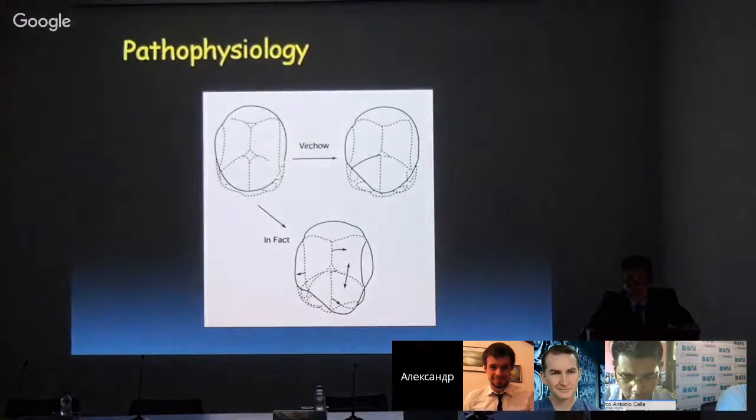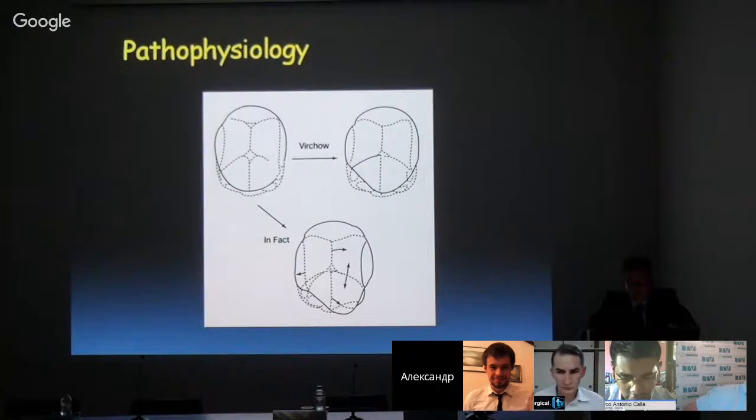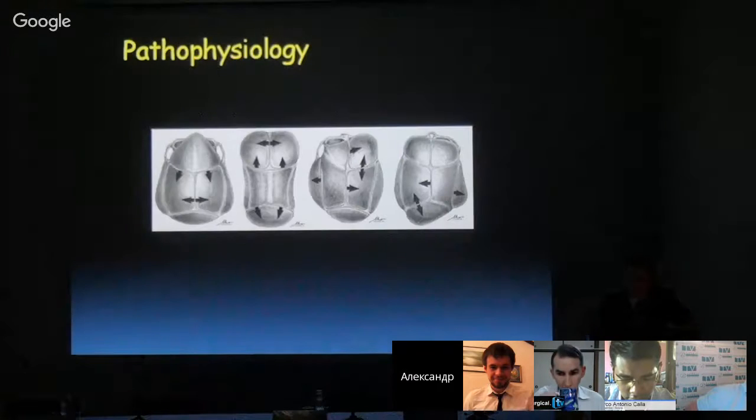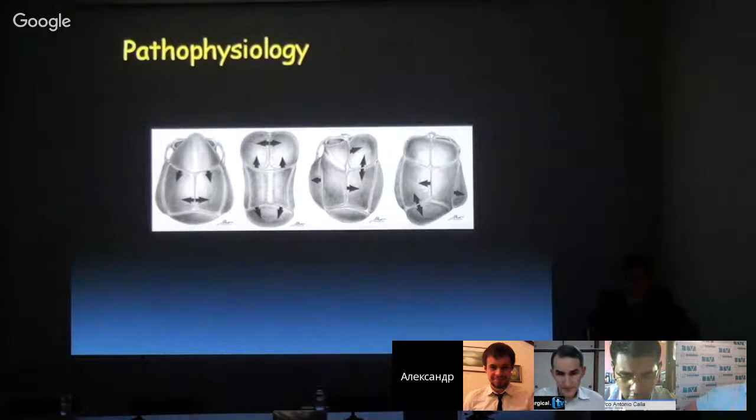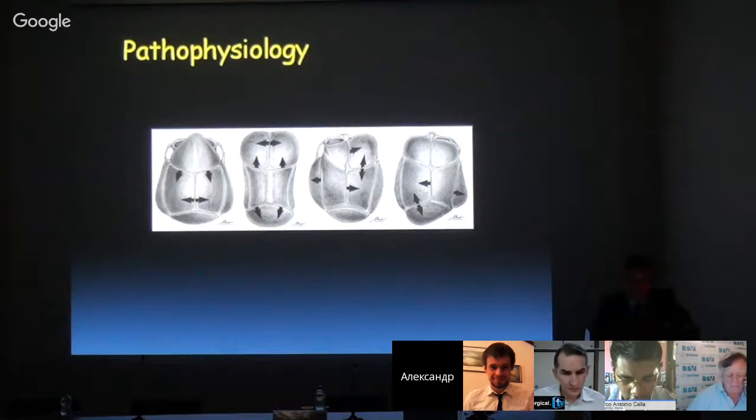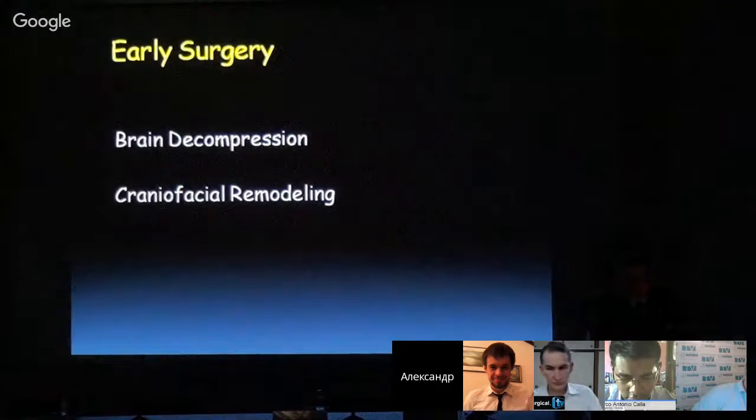Virchow postulated what the kind of deformity should be, but in fact we have the growing of the brain under the bone plates of the skull, and we have a different kind of deformity like this. Then you have these different shapes of heads, and you must correct not only the skull, but the frontal and posterior part of the skull base and the face.